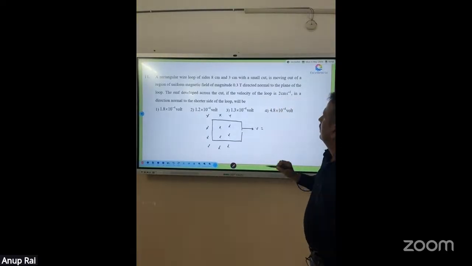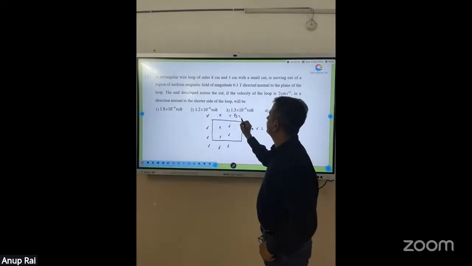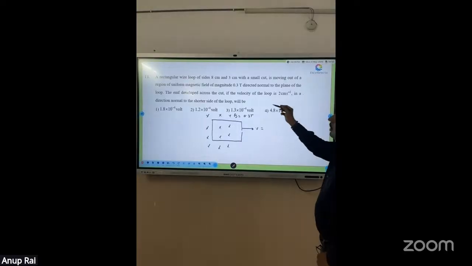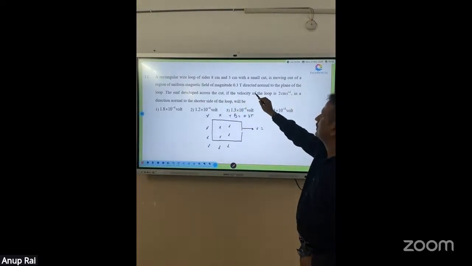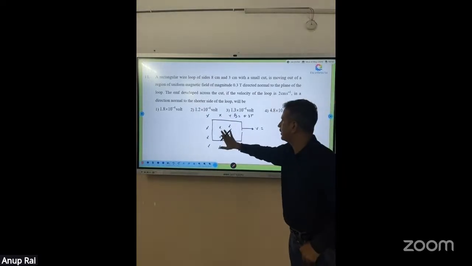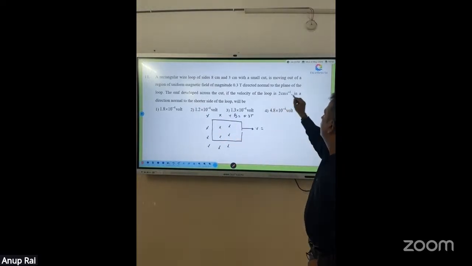The field is of uniform magnitude 0.3 Tesla, directed normal to the plane.